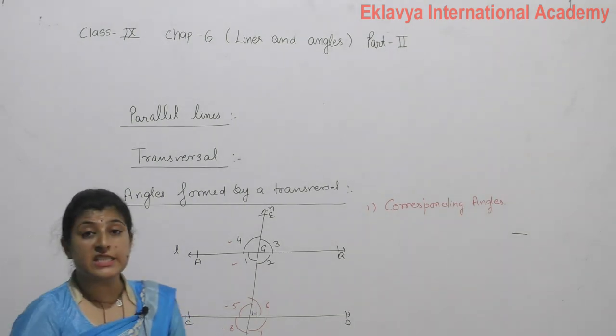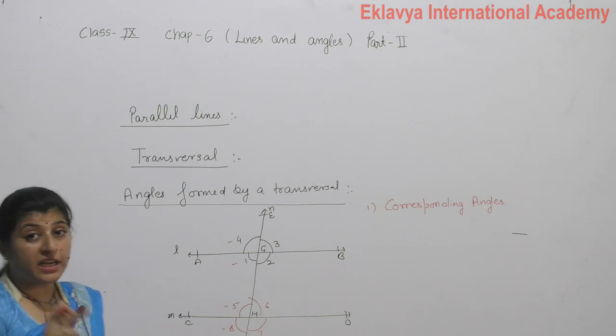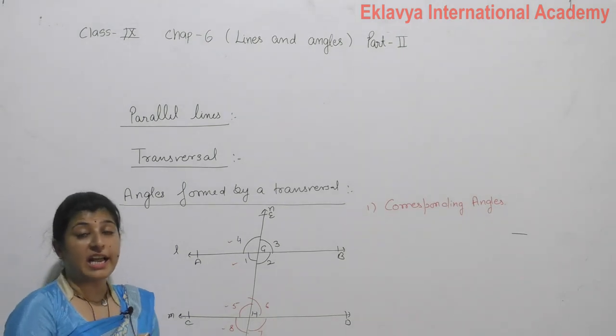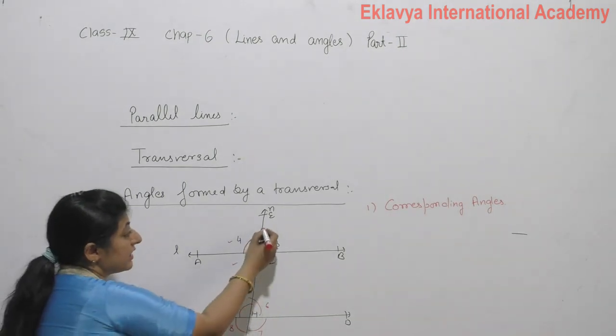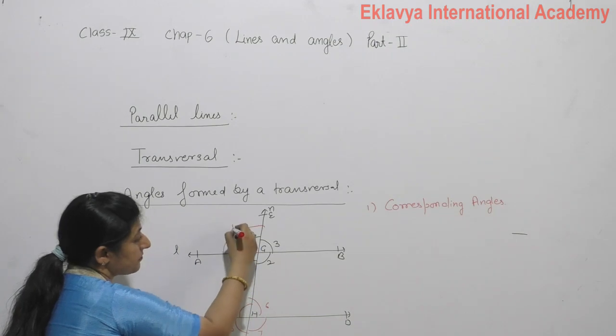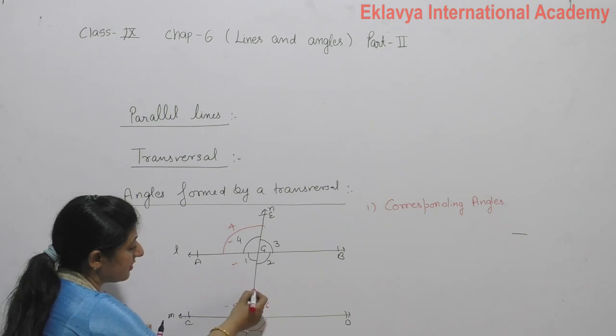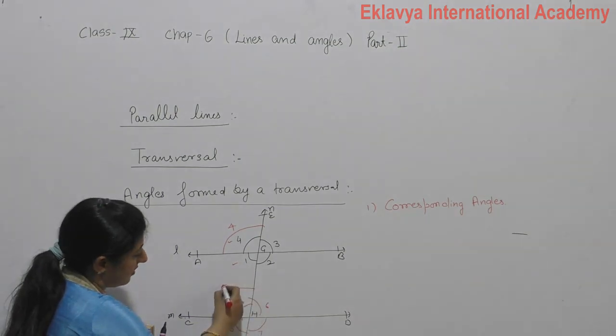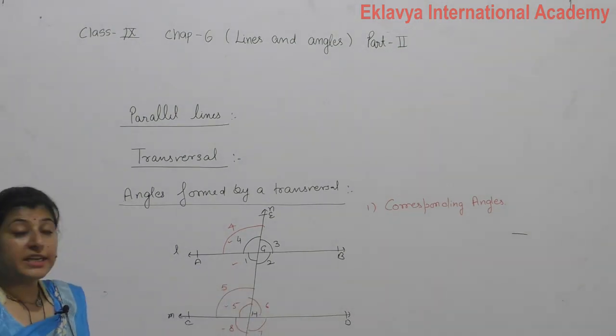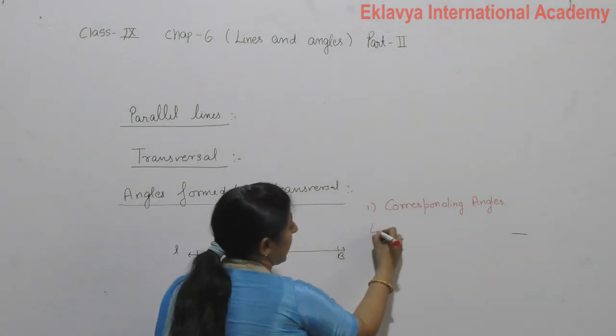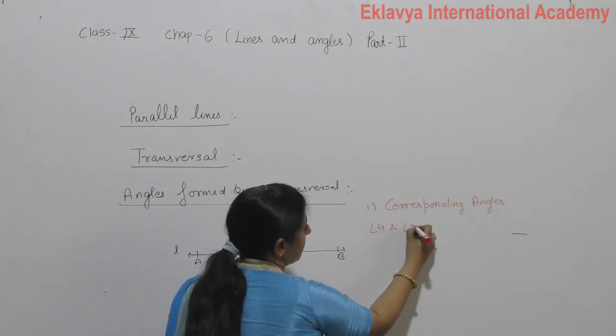Now see which one is a corresponding angle. A pair of exterior angle and interior angle. This one angle is exterior. Then in this, interior. It means corresponding angles 4 and 5, one pair.